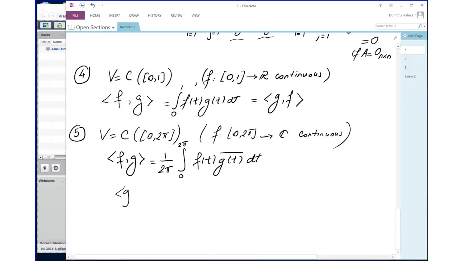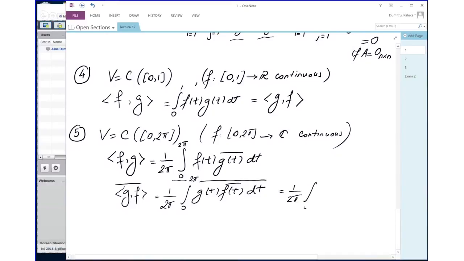So when you take the inner product between g and f, it will look like this, right? And if you're trying to get back to the one above, what you have to do is to take another complex conjugate. And you got back to the inner product between f and g.